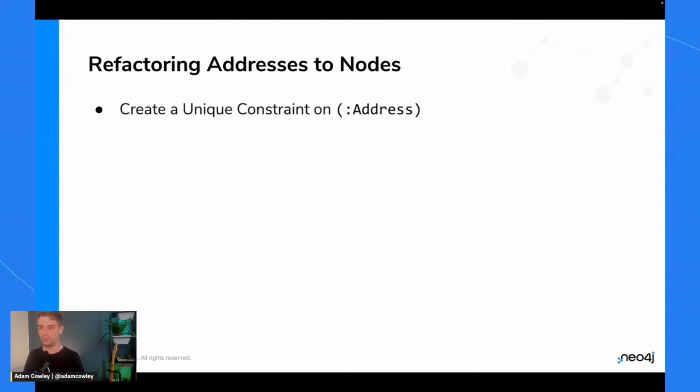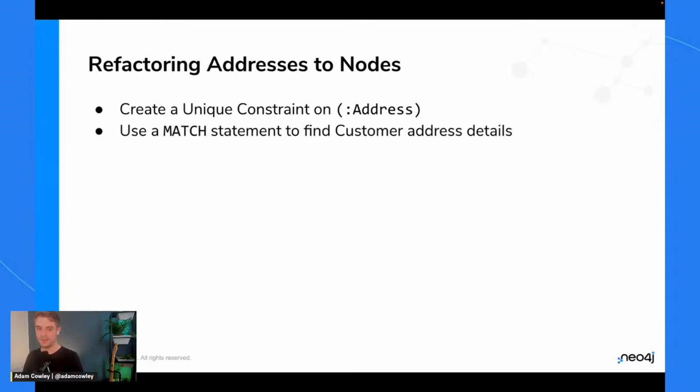To do this refactoring, first we need to find some sort of unique identifier, some key that we can identify an address is unique, and then we can create a constraint on that property and the address label to make sure that our address only exists once.